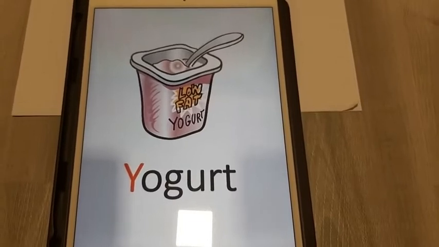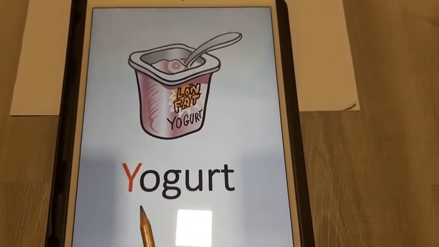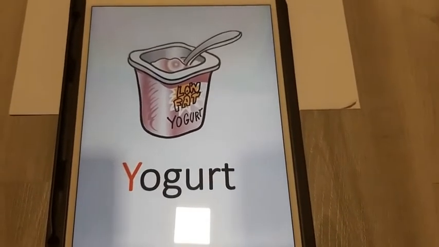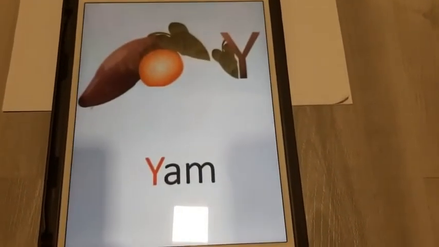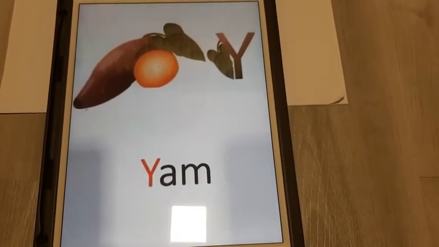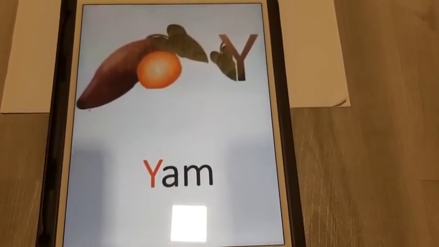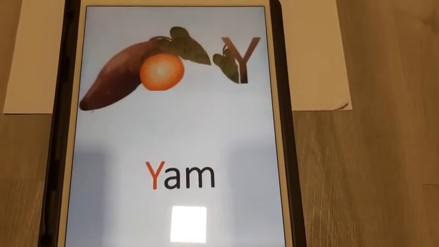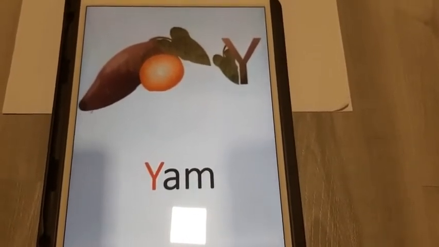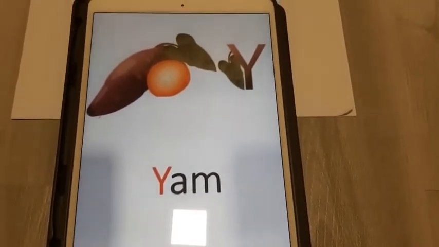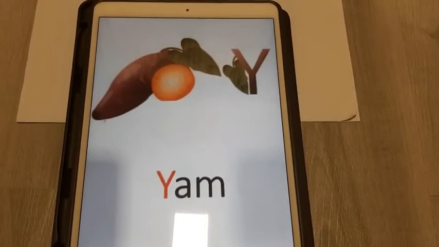Yogurt, yogurt, Y, yogurt. Yam, yam, Y, yam. This is another name for a sweet potato. Yam. Okay, KG3, can you remember more words that begin with the sound Y? I know you might know more.